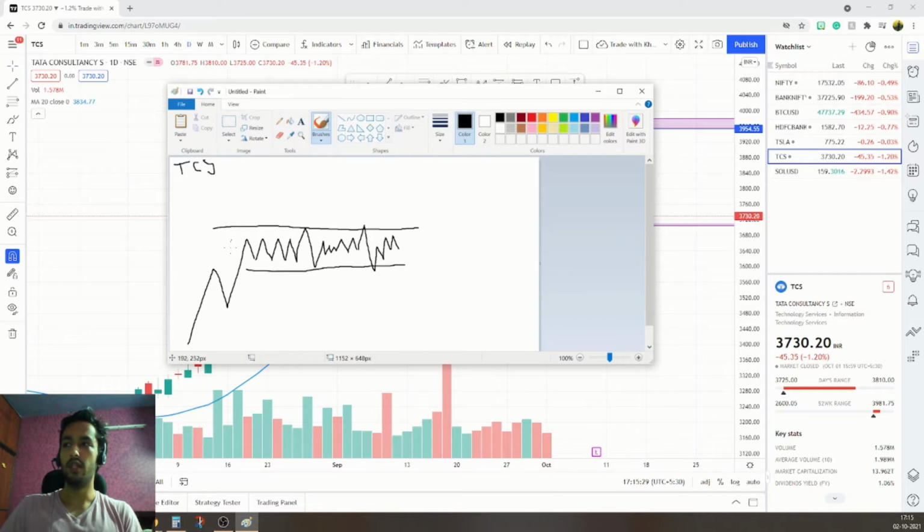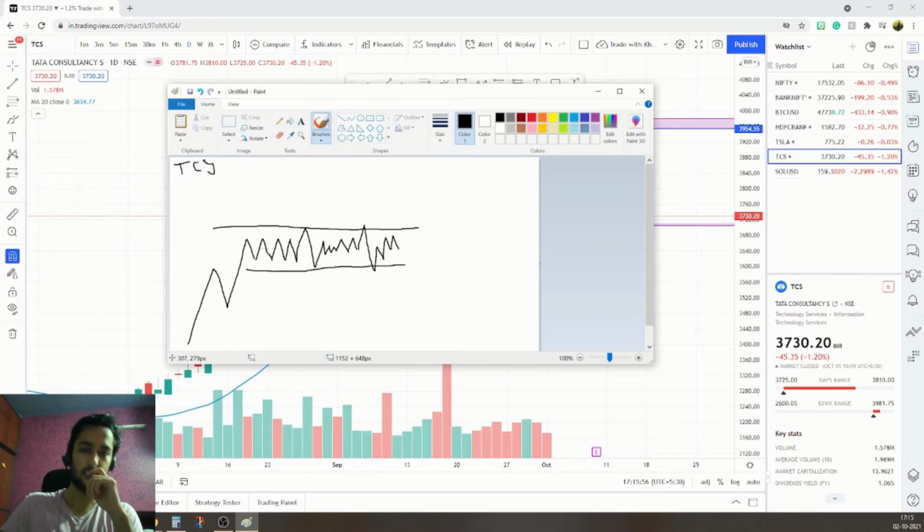In the distribution phase, these guys start selling their shares, and then they will sell in a huge quantity, which will generate a downward momentum, and due to this downward momentum the share will start falling crazily.